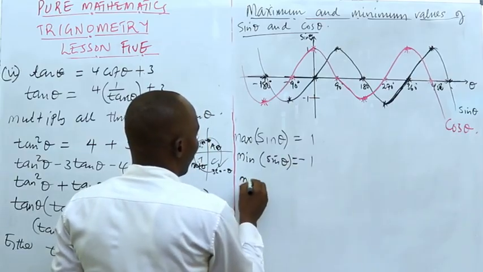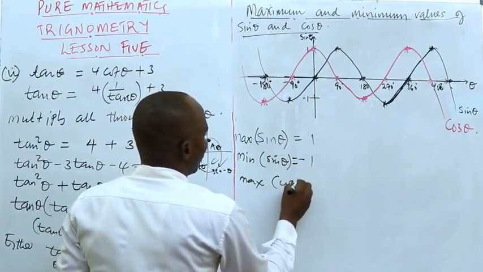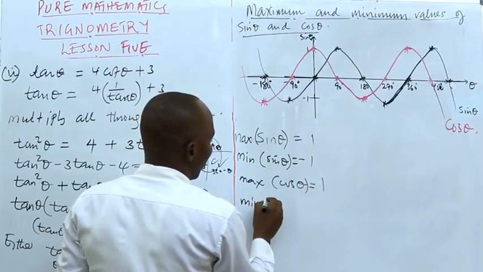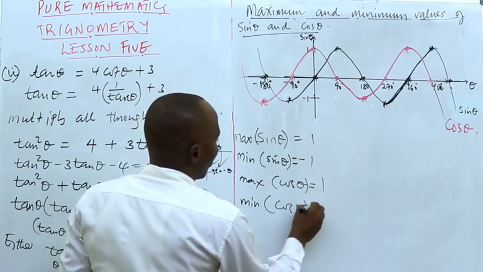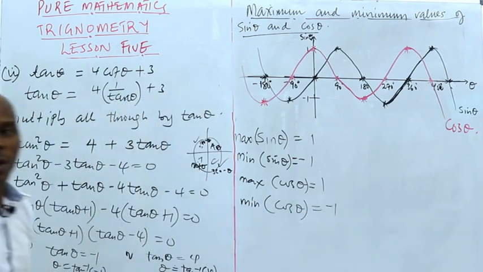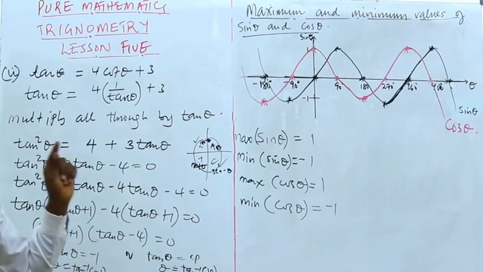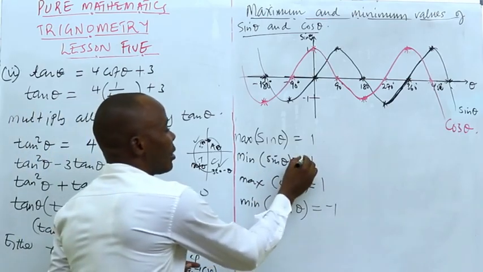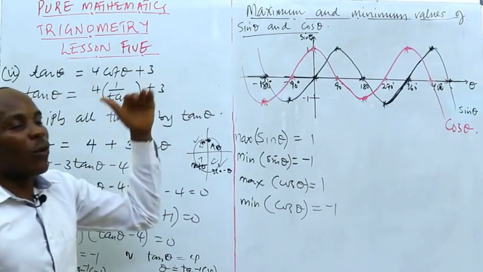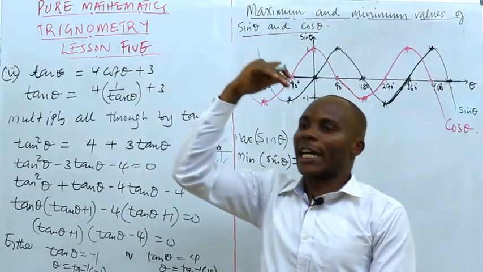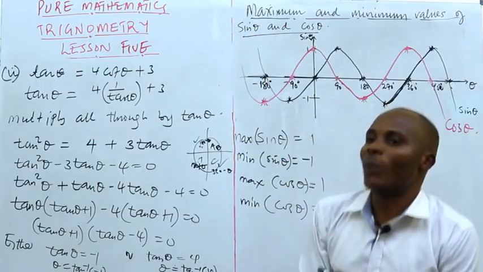Then the maximum of cos theta is 1, and its minimum is also -1, from my graphs as you're seeing them. So what does that mean? What that means is values of cos theta cannot go beyond 1 maximally, and they cannot go beyond -1 minimally.